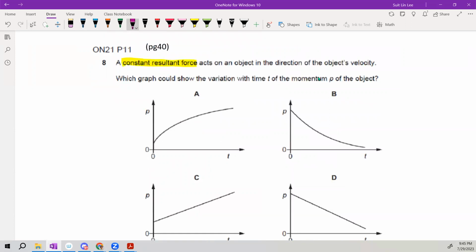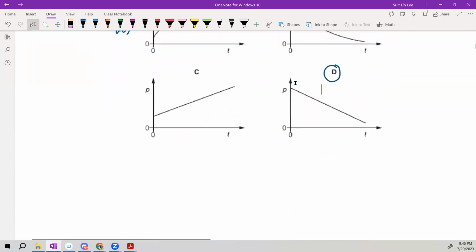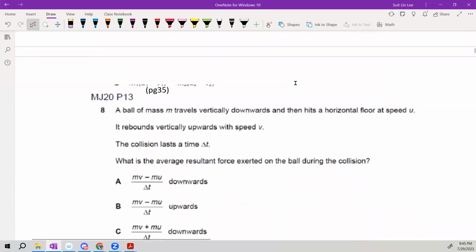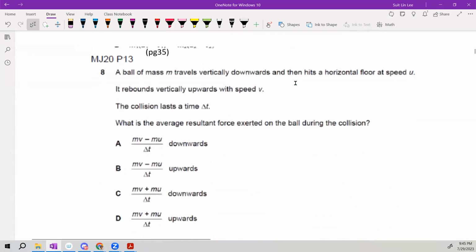So if F is constant and F is dp/dt, so constant F, constant gradient. So the constant gradient is D. Okay, so graph questions don't have to be complicated. It can be fairly straightforward. Okay, let's move on to a question.